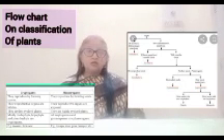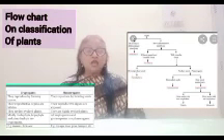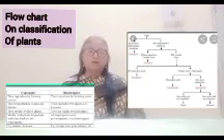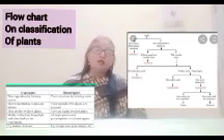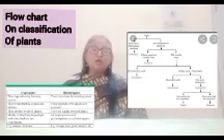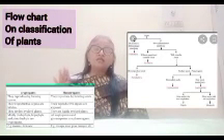So here, students, there are three divisions which do not produce seeds. They are Thalophyta, Bryophyta and Terrestrial. Instead of seeds, they reproduce through spores and they come under the group cryptogams. Now, cryptogams do not reproduce through seeds.